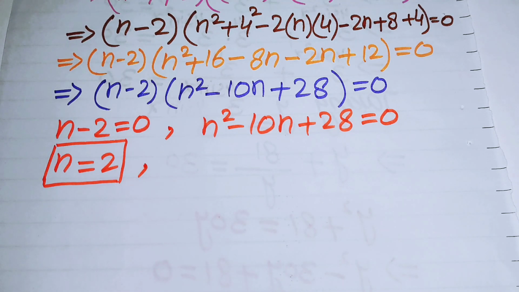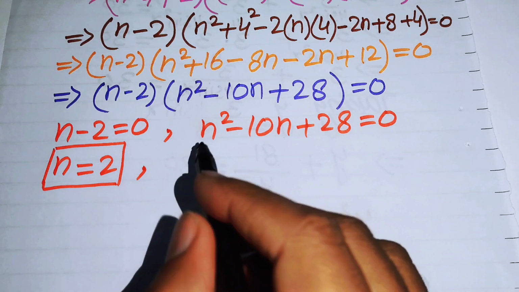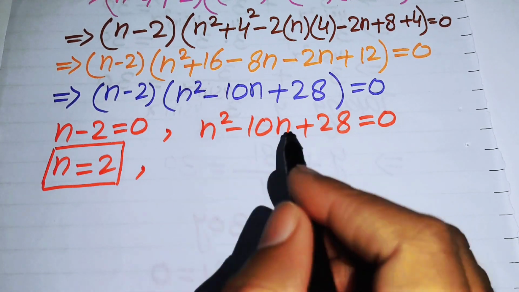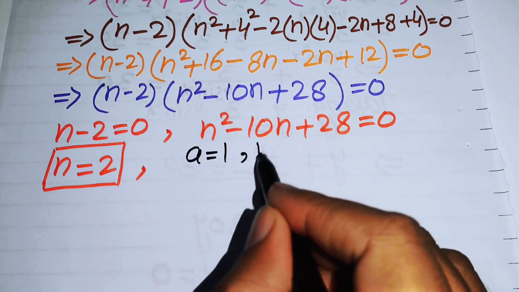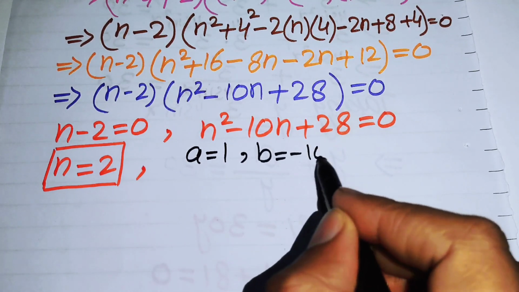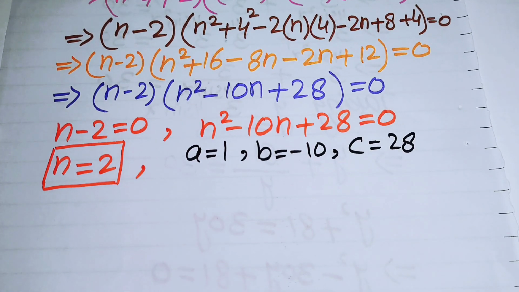So here we use the quadratic formula in order to find the roots of this equation, or in order to find the other values of n. So first I can write the coefficients. Here we have a equals 1, b equals minus 10, and c equals 28.